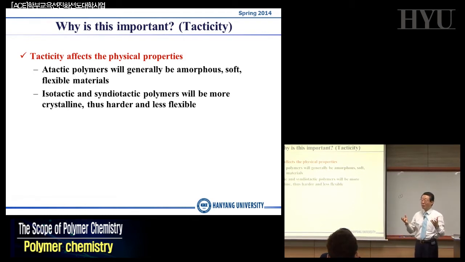Atactic polypropylene will be a much more flexible film, a flexible film which covers your vinyl house. You don't need any hard material in the case of a vinyl house. So it's much more stretchable and flexible, made of the same polymer with the same chemical structure, in the case of the atactic polypropylene.